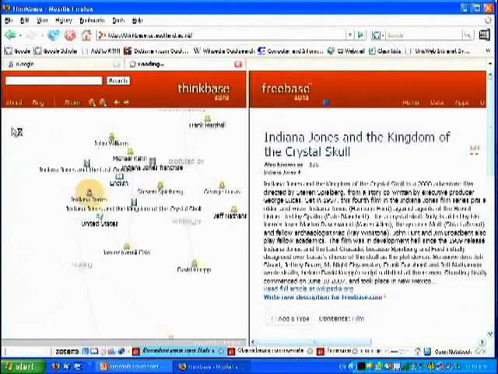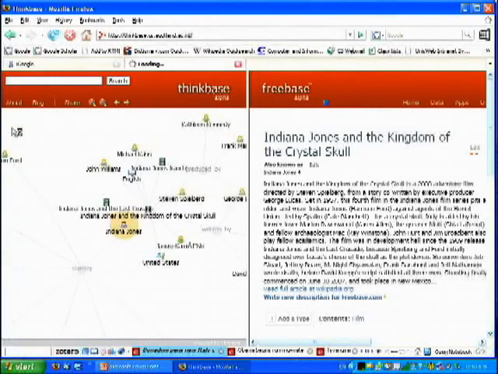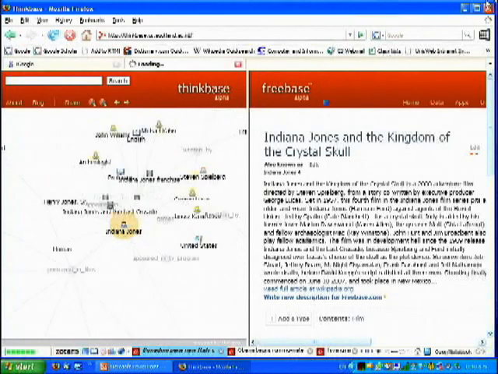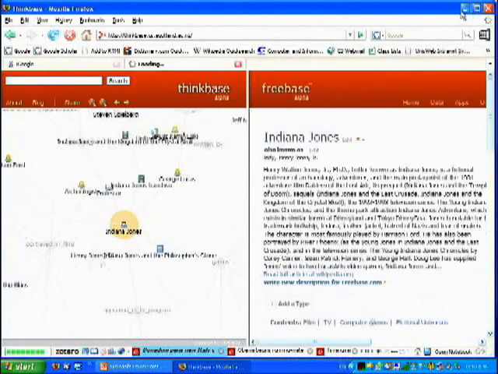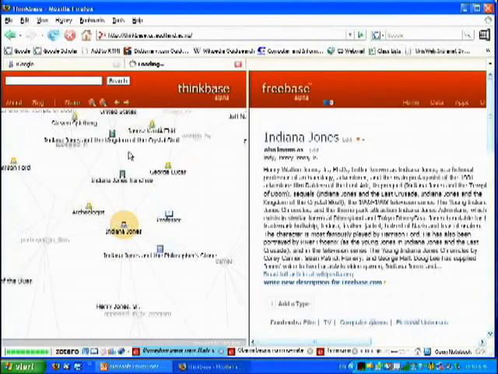Let's try over here. Okay, we've got a failure. Oh no, we're all right. Okay. So we see as we navigate to other parts of the graph there, we get Freebase coming up in correspondence to that. We can do things like find out about George Lucas.